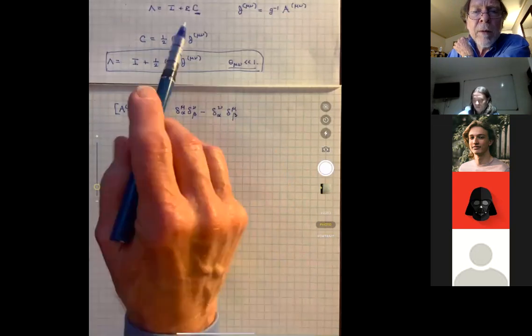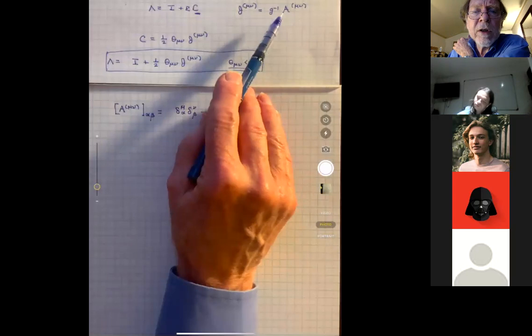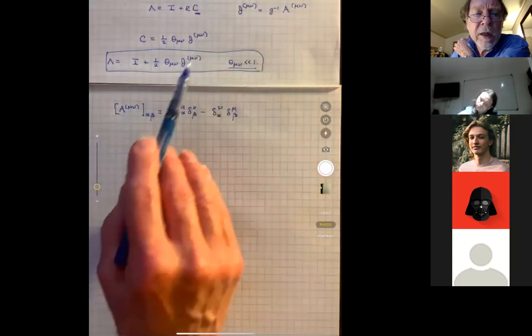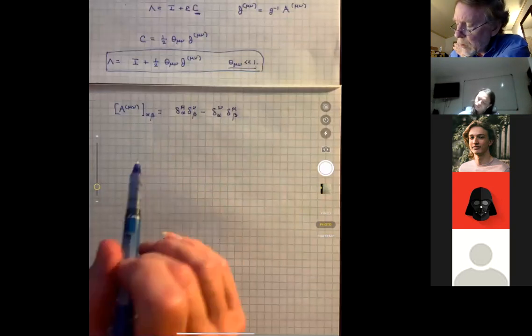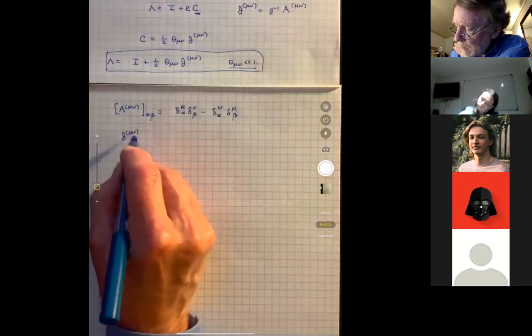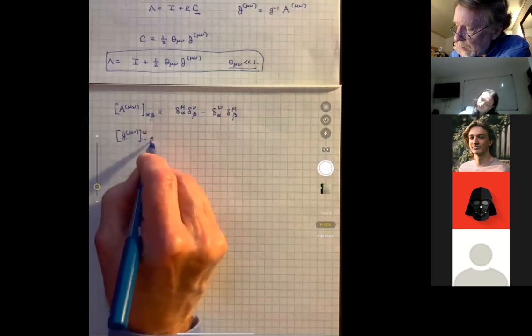Now then, when I multiply A by G inverse here, this is the contravariant metric tensor. It just raises the first index, which here is the alpha. So this means that the J mu nu, like this, first index is now raised, alpha beta, like so.